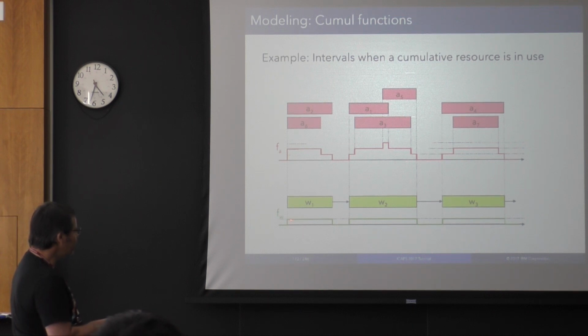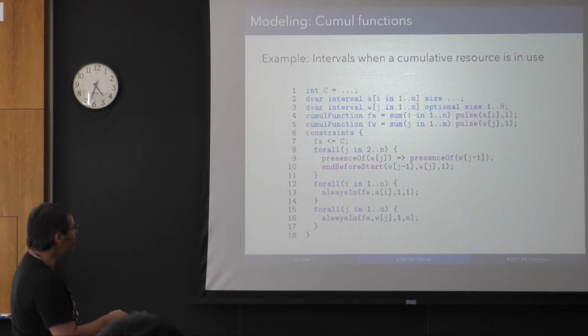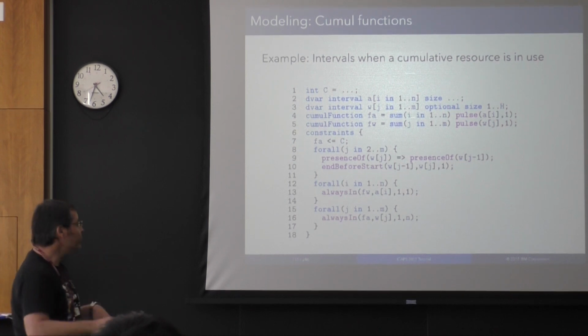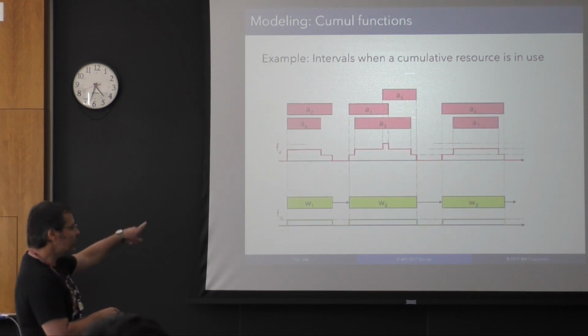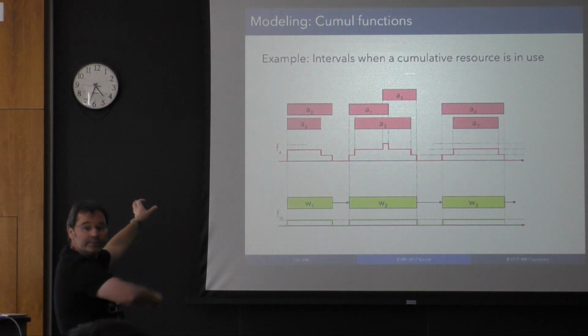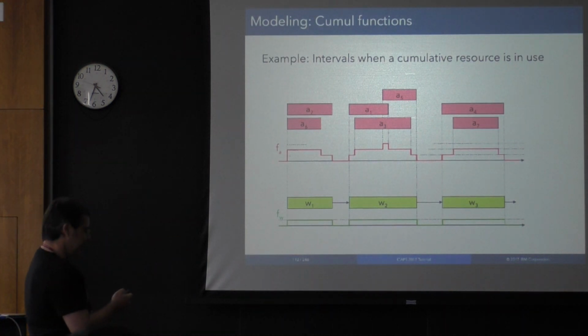You will have a cumul function that is 1 if there is a working interval, or 0. These working intervals W, I don't know if you paid attention, but you recognize the pattern I explained right at the beginning, this optional chain, because you do not know how many working intervals you will have, because it depends how you schedule the activities, the red activities here.